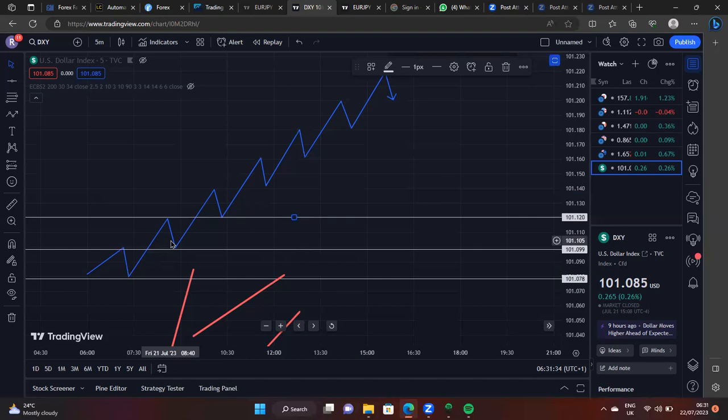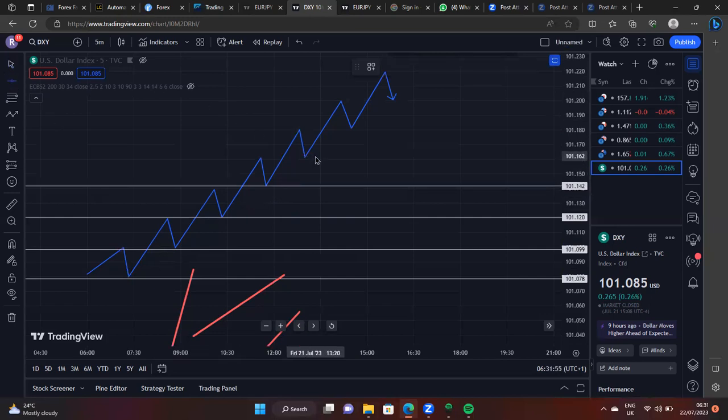You see that stepping rule. If this is the current low, it must not be lower than the previous. So that's why we have stuff like this.